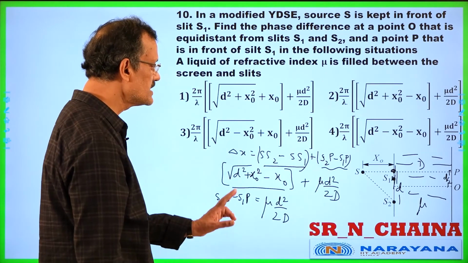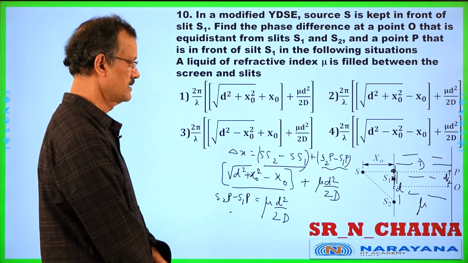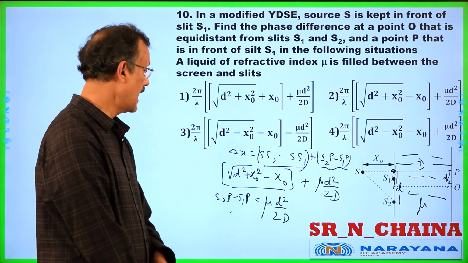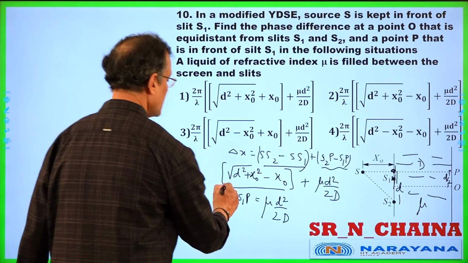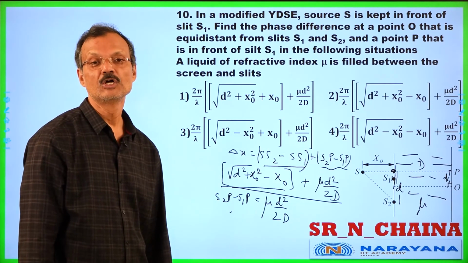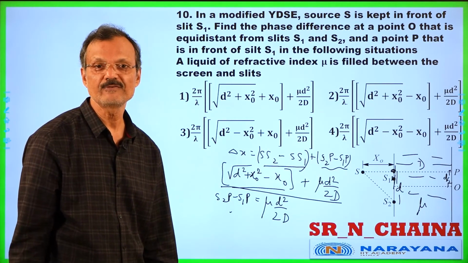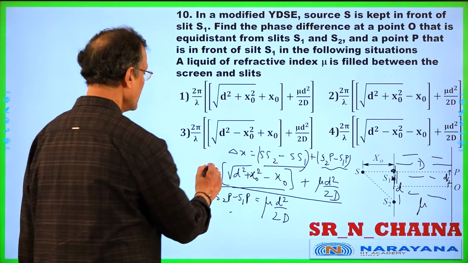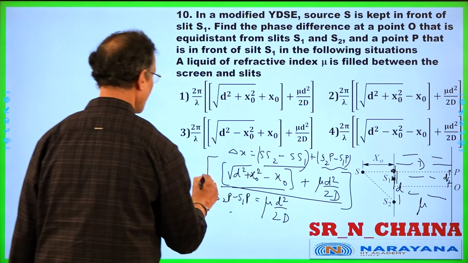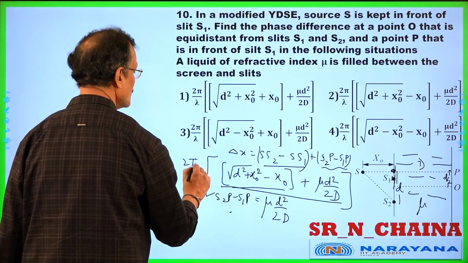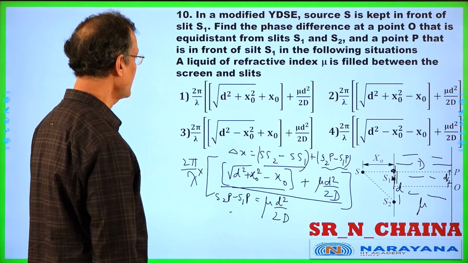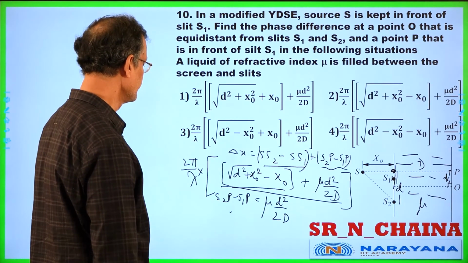The path difference between two waves emanating from S1 and S2 and reaching P is this. Phase difference is how much? 2 pi by lambda into path difference, no? So consider this entire thing and multiply it by 2 pi by lambda. Your answer will be ready. Check.